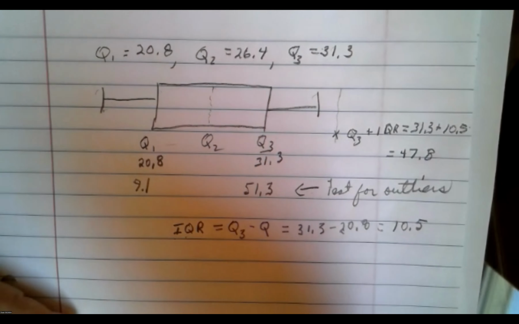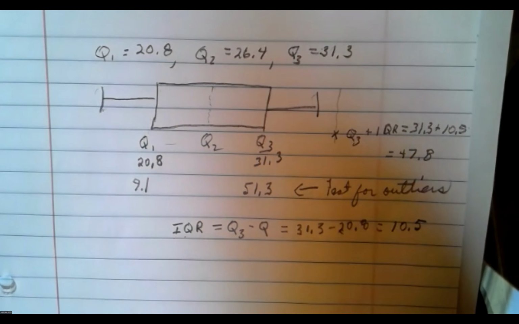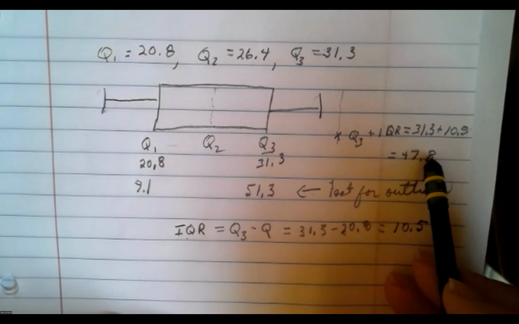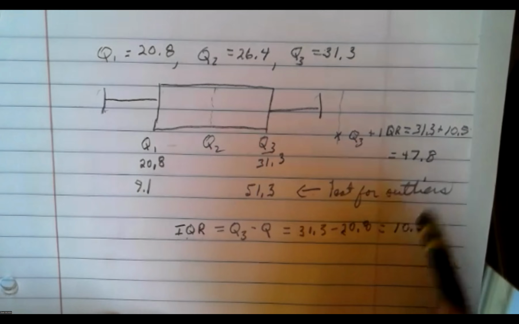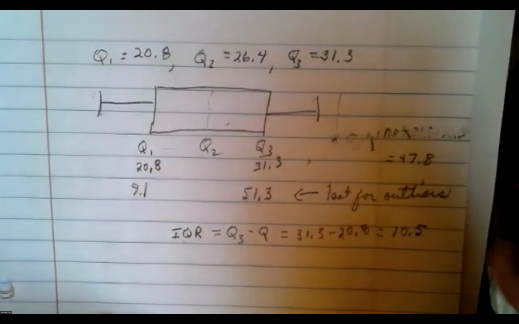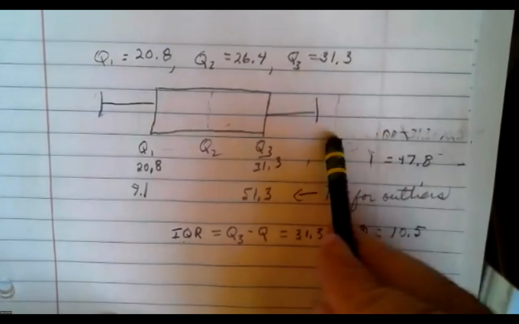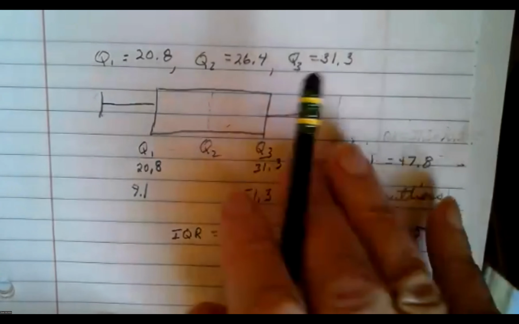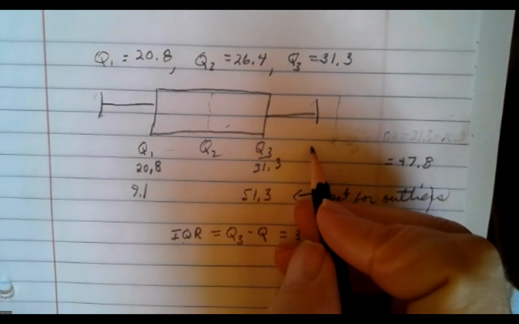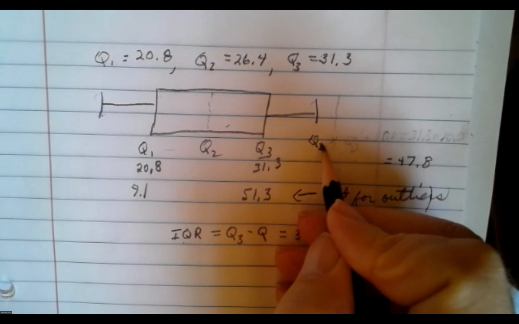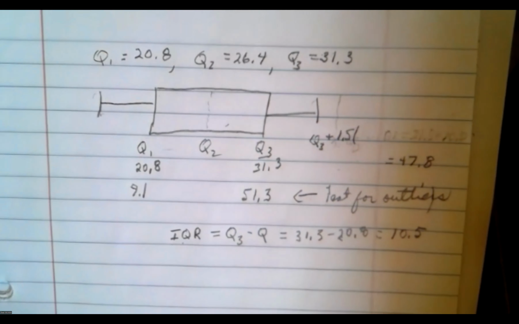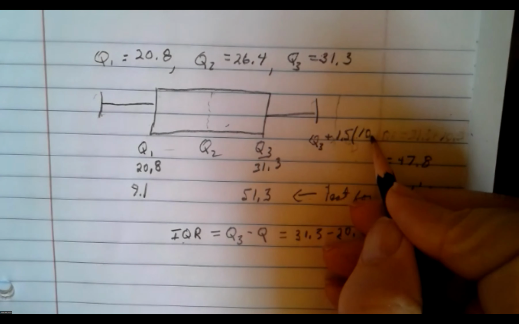I have to take, excuse me, let me back in. Because what I know is this, but I'm going to add because I'm checking to see if I have at least a moderate outlier, and that is taking Q3 and adding 1.5 times 10.5.